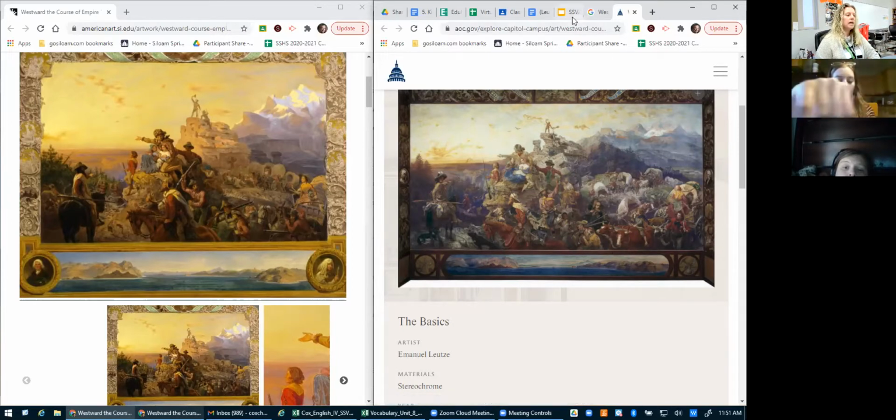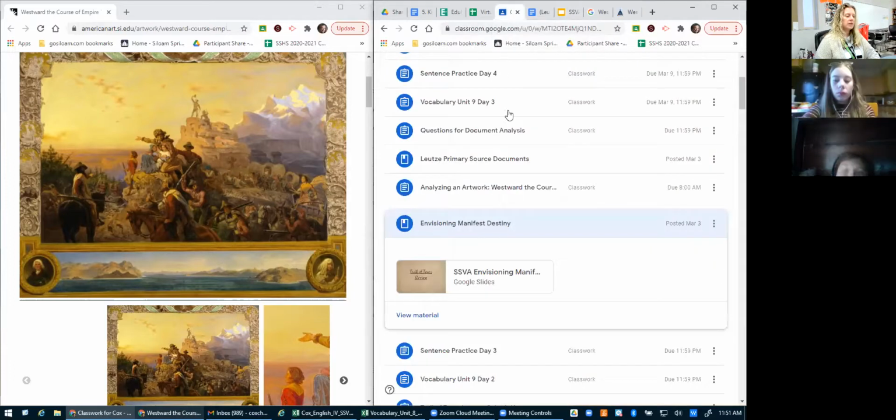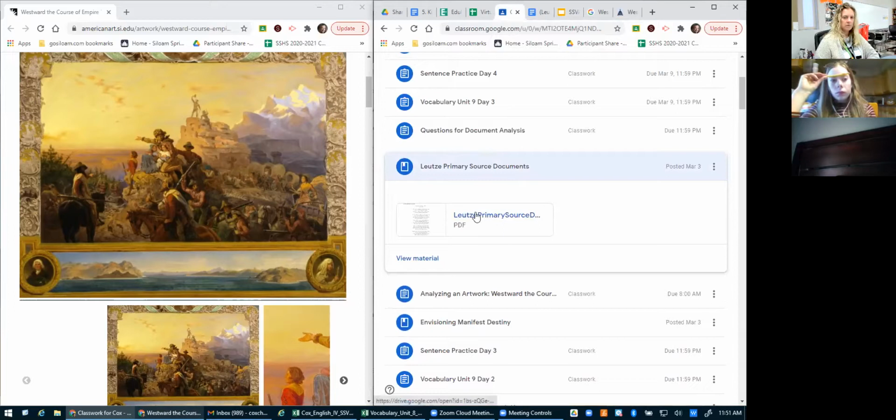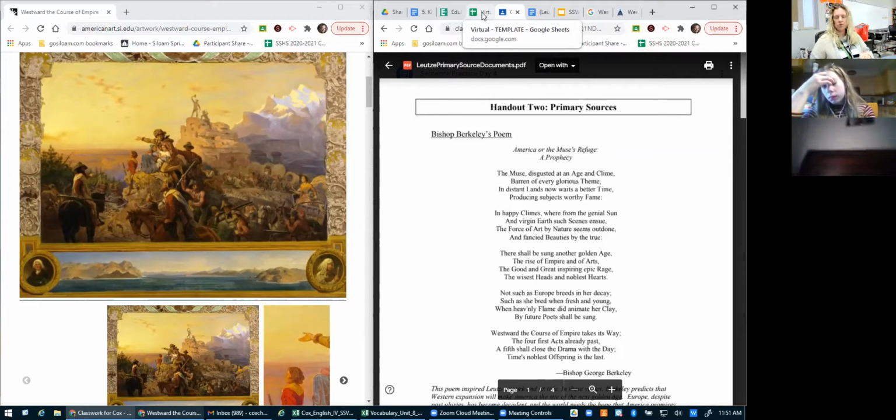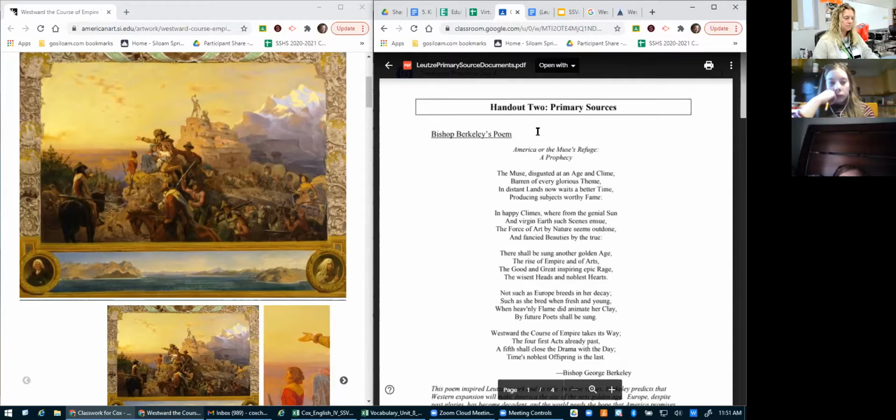So now the idea is to go and look at these primary documents, okay? And this is where you're going to find the information that's going to relate to the historical context. So what you do is you're going to take information. Since my dot cam is the only camera that I have right now, it's hard to show you. So you're going to take this information that you read here, okay?